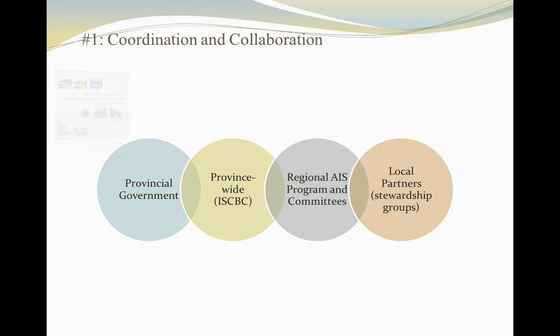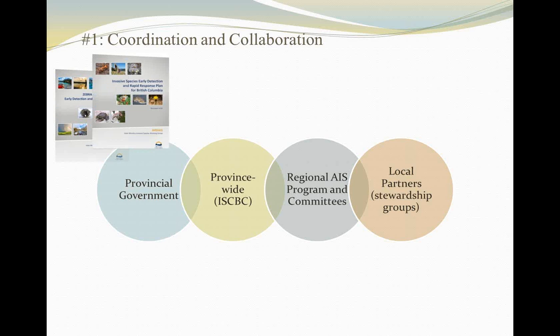So for example, the provincial government recently released a number of documents, including an early detection and rapid response, or EDRR, plan for BC for zebra and quagga mussels, as well as an EDRR plan for other invasive species in the province. They also just released their invasive species strategic plan from a provincial government perspective.